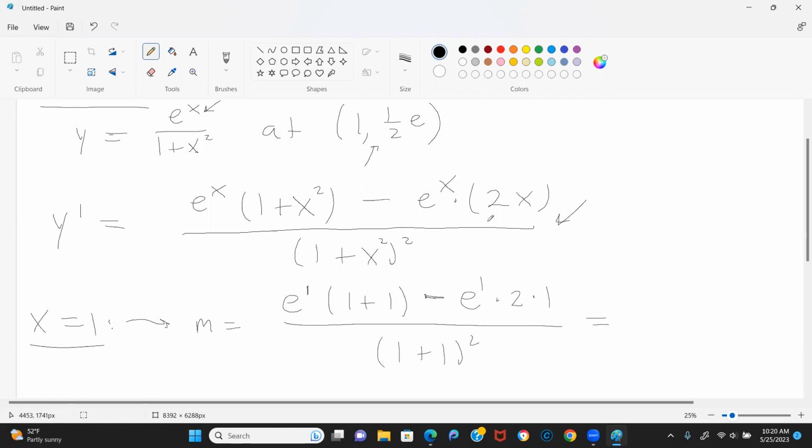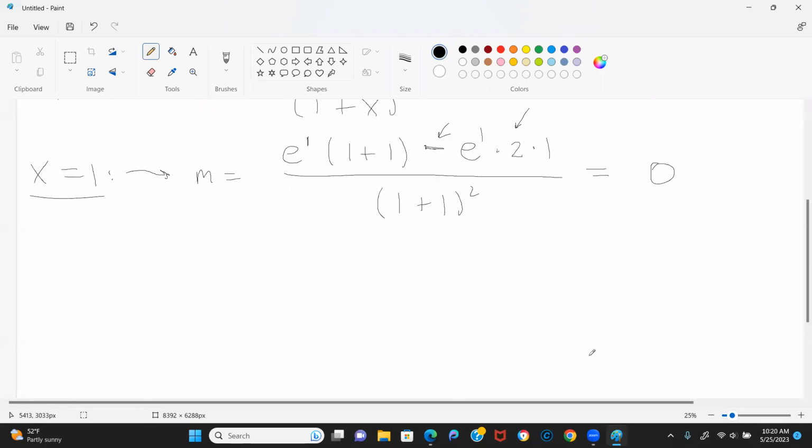But I think you can see pretty clearly that the numerator is just going to be 0, because you have e to the 1 times 2 minus e to the 1 times 2. So it's going to be 0.